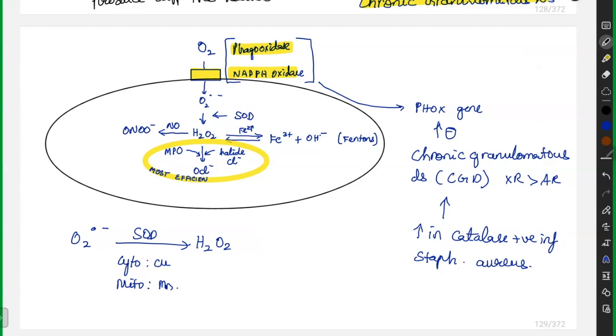Azurophilic granules have higher concentration of myeloperoxidase, acid hydrolase, non-specific collagenase, etc. You have secondary granules or specific granules, they have a lower concentration. Tertiary granules develop during chemotaxis, contain gelatinase and acid hydrolases. Other microbial granule contents are defensins, cathelicidins, lysozyme, lactoferrin, major basic protein.